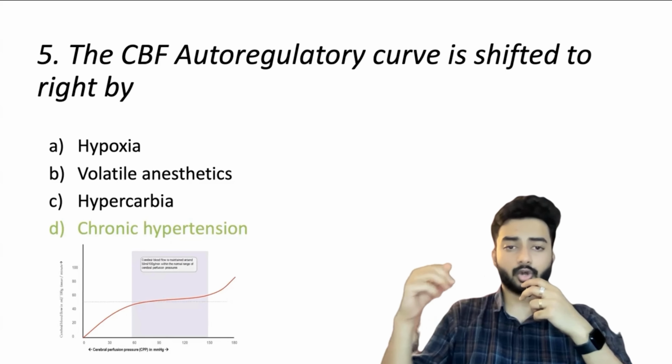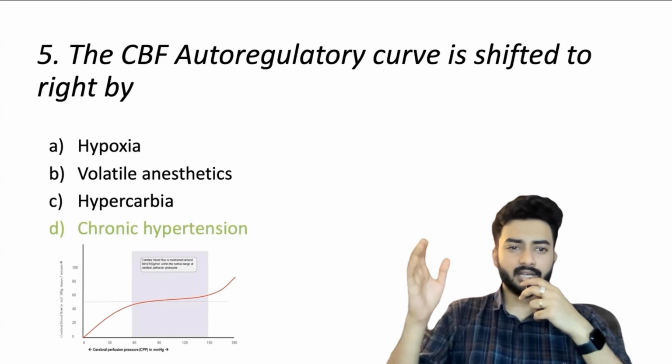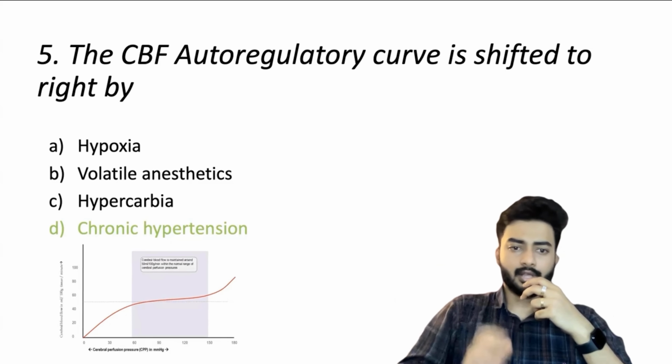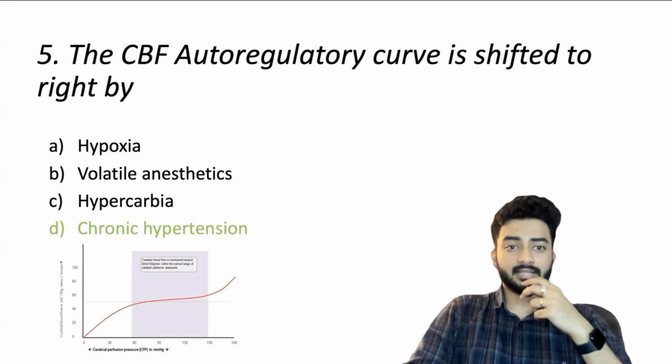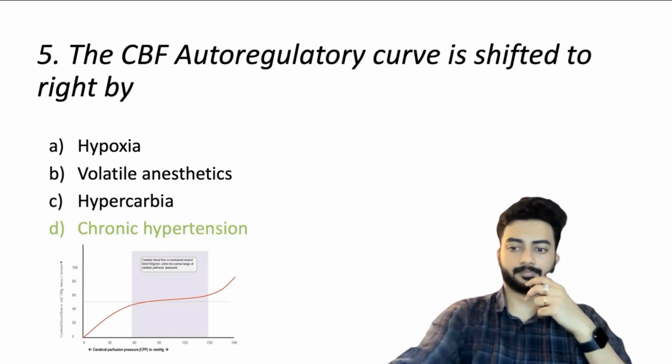But in a patient with chronic hypertension, even a little lowering of the MAP, not even till 60, even at 80 or 90, if the curve has shifted to the right, cerebral ischemia can occur early in these patients. So intraoperative monitoring should be vigilant in these patients. Thank you.